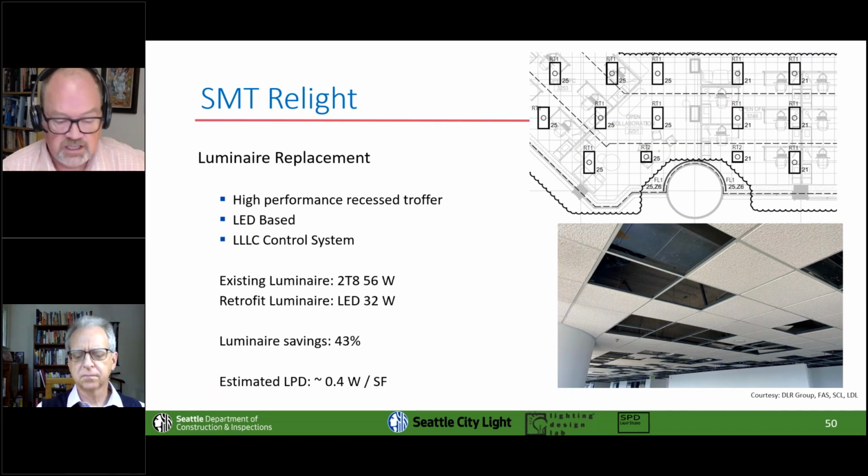One of the key reasons that we wanted to go to LLC was very specifically that it was going to be tremendously easier from an installation standpoint to replace the existing fixtures 1-for-1. The existing controls were minimal at best, basically a handful of relays within the floor.